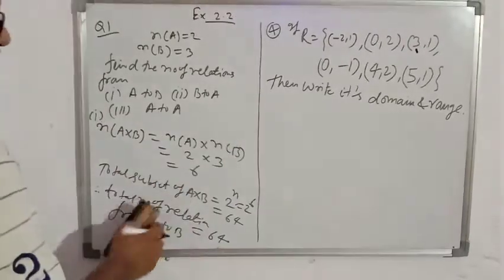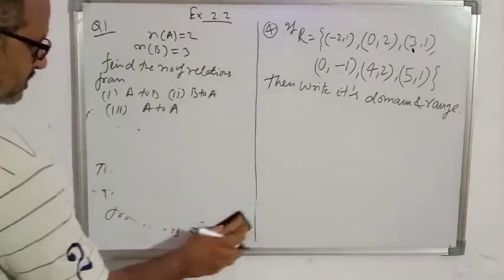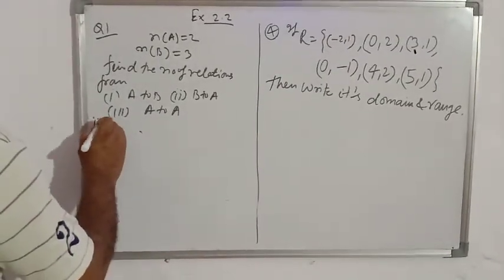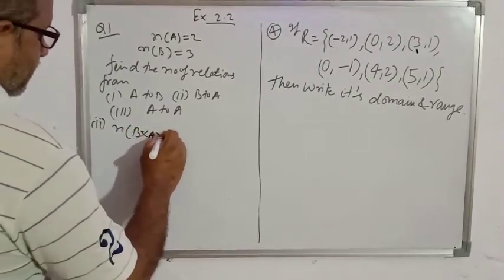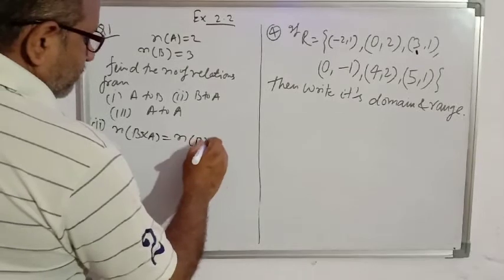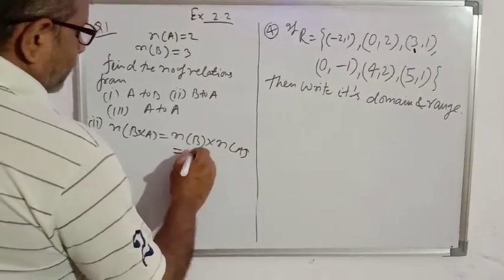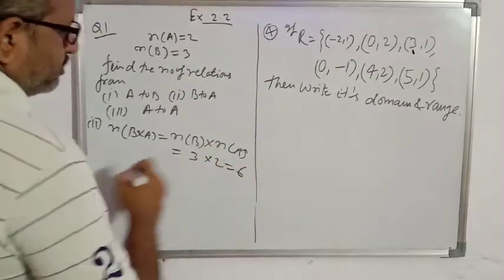Similarly, second part, B to A. Again we will find n(B cross A). n(B cross A) means n(B) into n(A). n(B) is 3, n(A) is 2. 3 into 2 is 6.